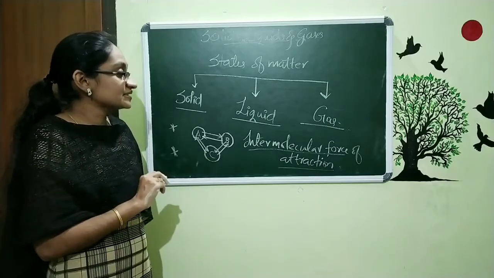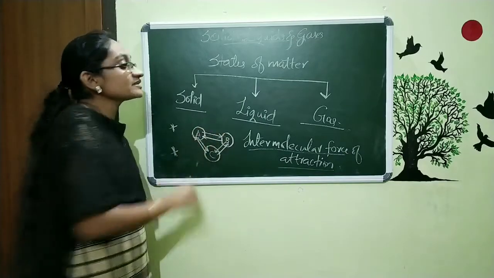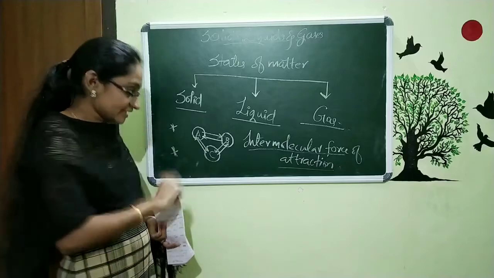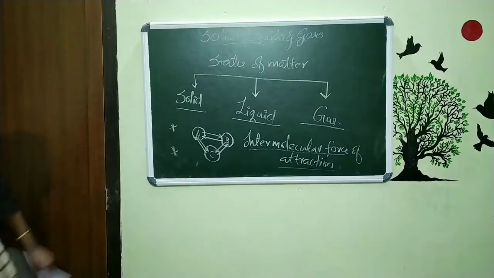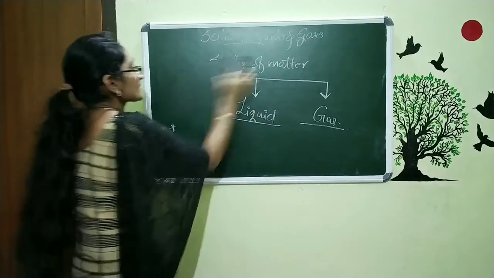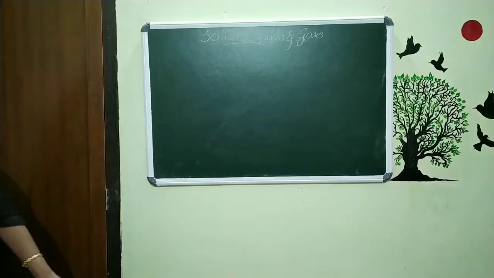Now the thing is that when the distance between the molecules increases, the attraction decreases. That is the next point. I will explain what it is. We are considering some molecules.